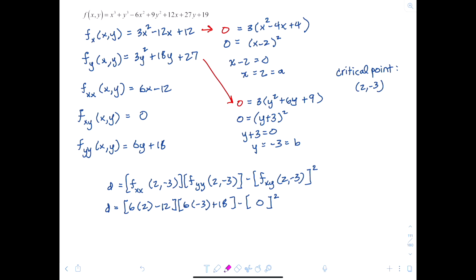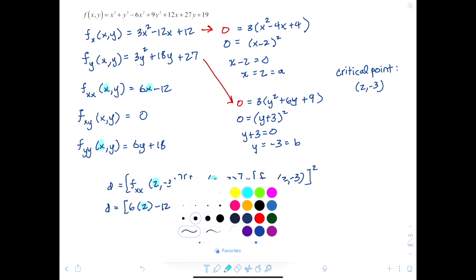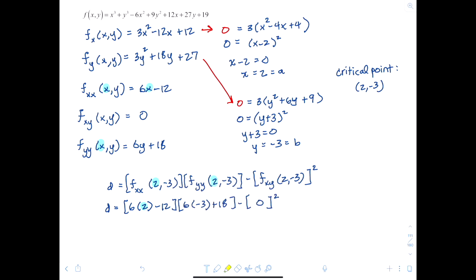And so what we did here was, for x, we put 2, right? And then in for y, on these, we were putting in -3.